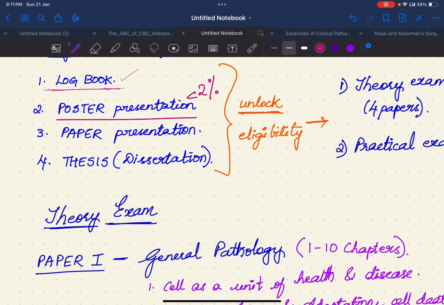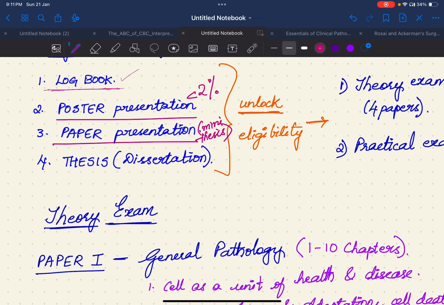The other thing is paper presentation. Mostly in our institution, we do it in the second year, but anytime before your final exams, you need to get all this completed. Paper presentation is like a mini thesis, a junior thesis. For example, if the thesis is 100 pages, this paper will be 20 pages.